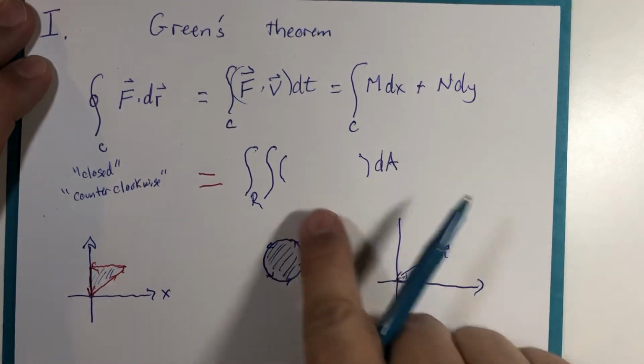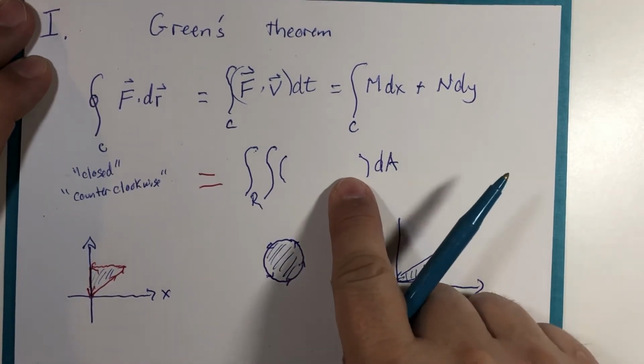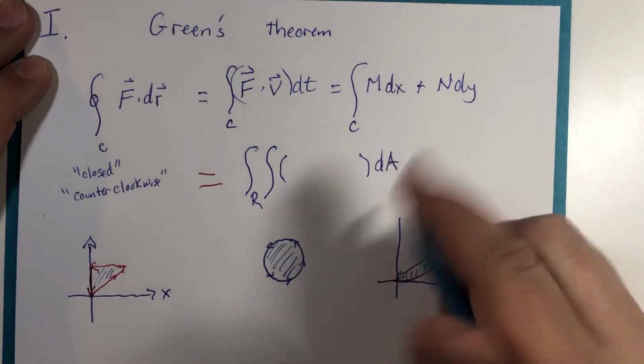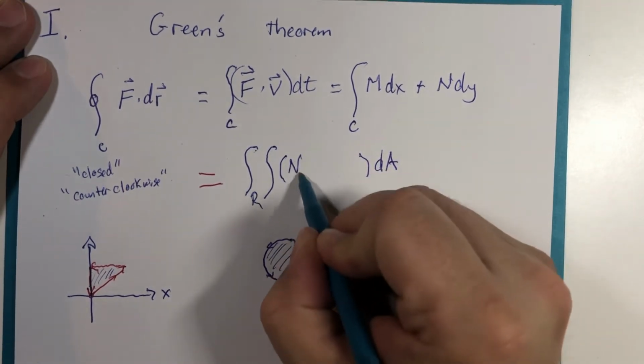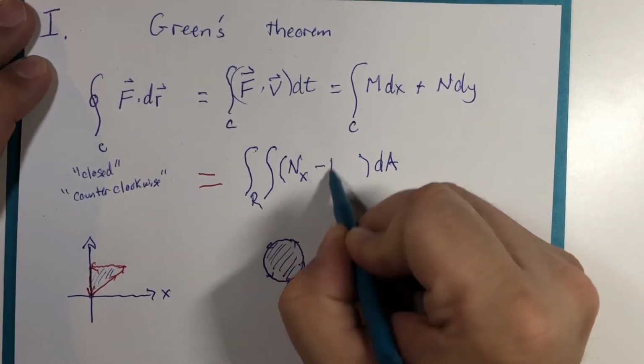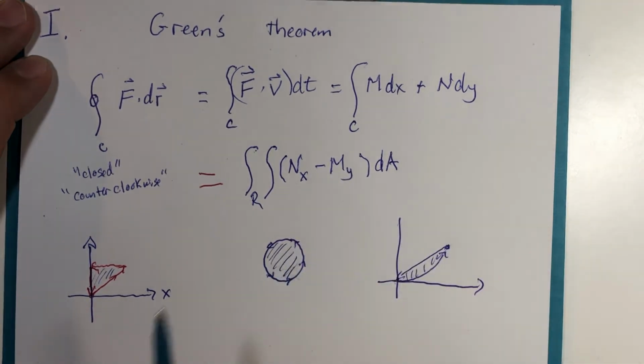The body of the integral would be N, the second component with respect to x, minus M, first component with respect to y.